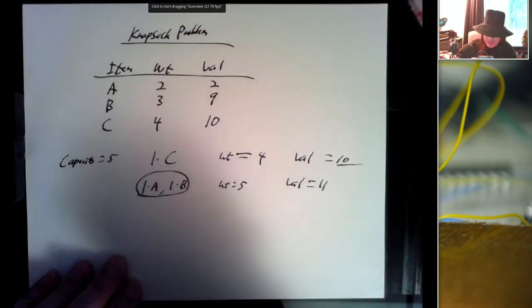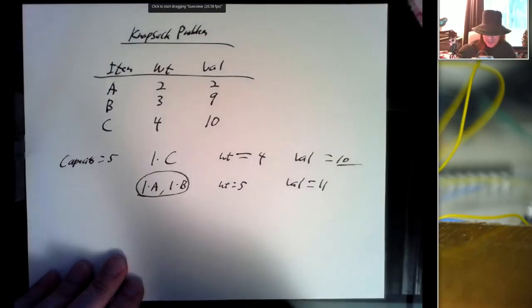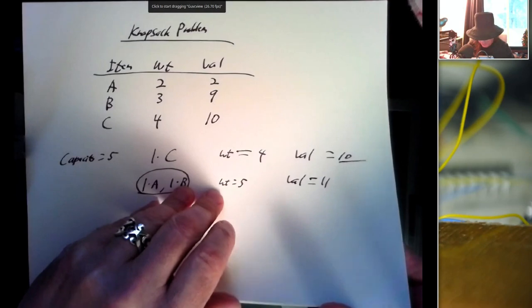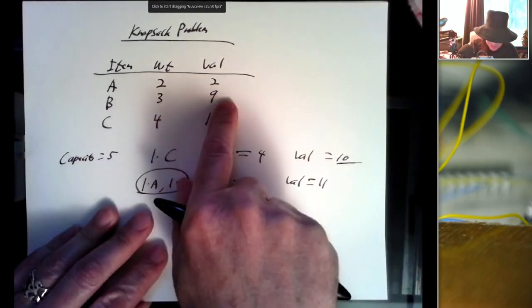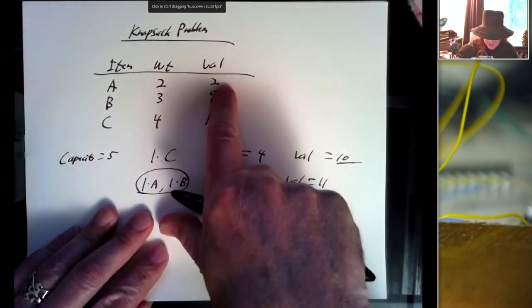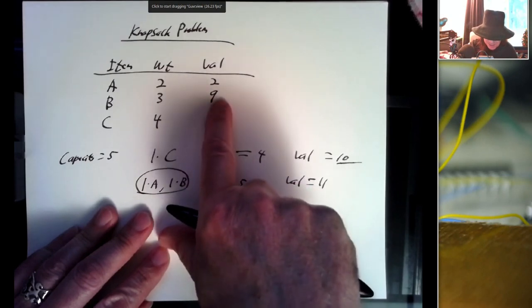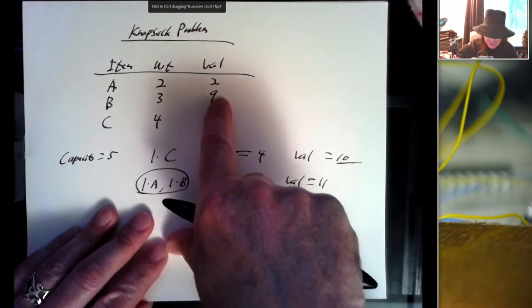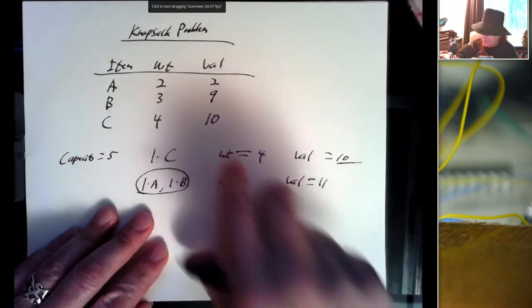So picking the most valuable item to start with does not get us an optimal solution. Now, we could say, hey, if we look at the value per weight, this is $1 per pound, this is $3 per pound, this is 2.5 per pound. We should have started with the item that had the greatest value per pound.